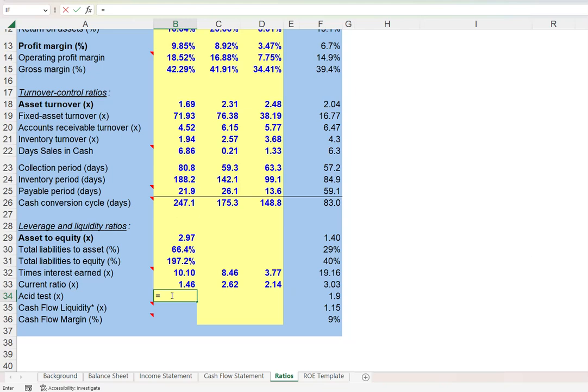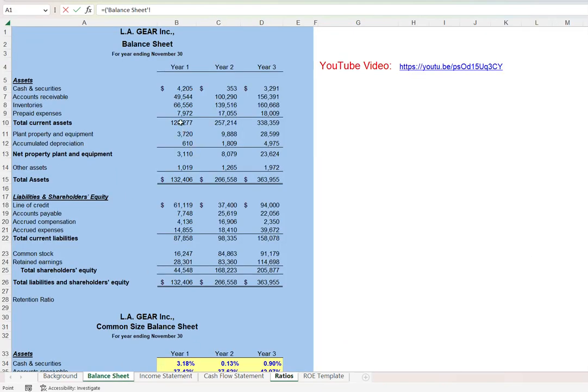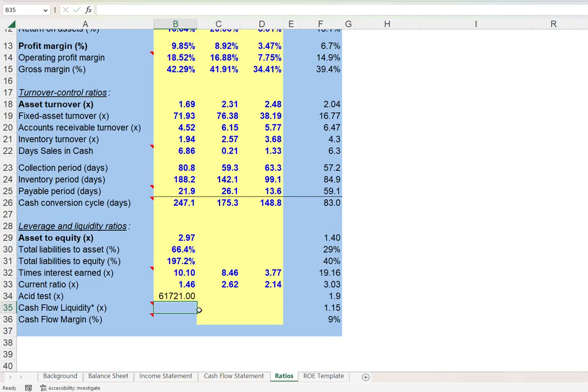So equals, let's go to our balance sheet. Current assets, we've got 128,000 in total current assets. Let's subtract off our inventory. If we exclude inventory, we would have 61,000 in current assets.